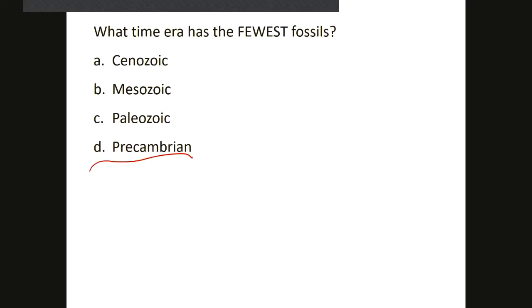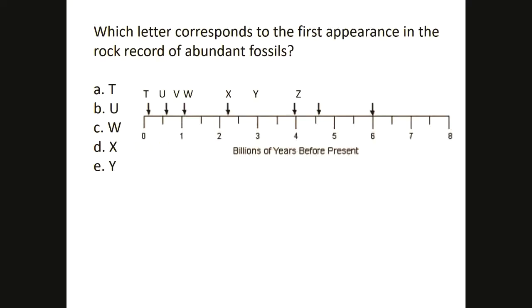Then we have all those invertebrates around in the Mesozoic, but also a lot of reptiles. And then in the Cenozoic, we have mammals. There are other organisms around these periods of time, but in the Precambrian, not a lot of fossils, because it's just a bunch of microbes and algae.